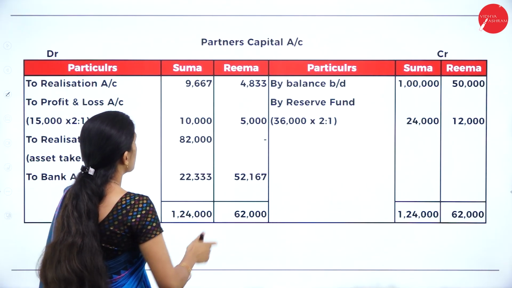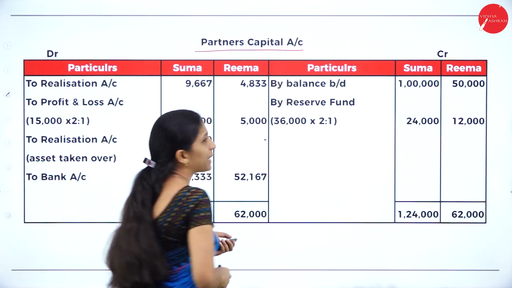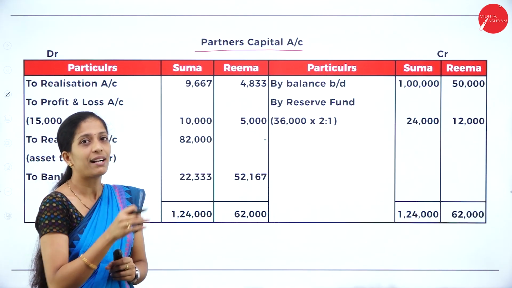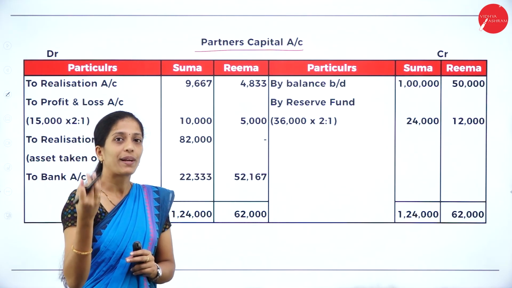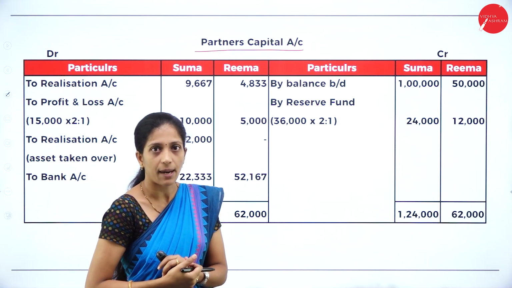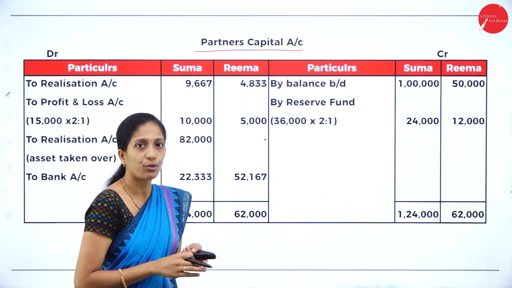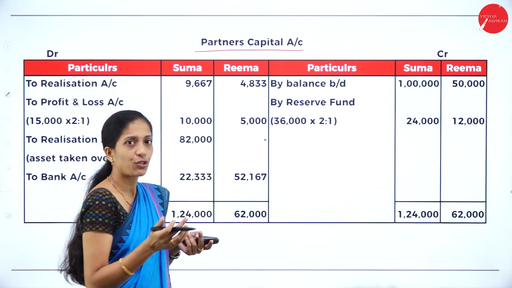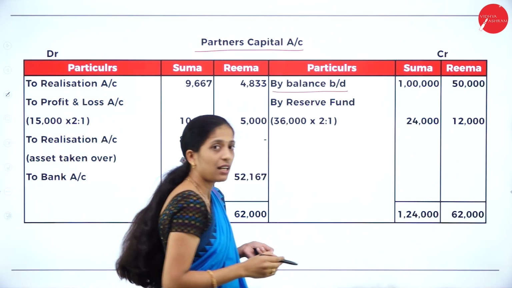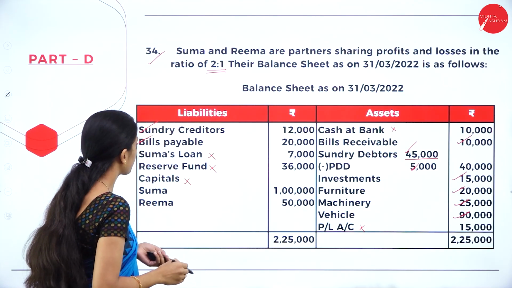Okay. Next is partners' capital account. Partners' capital account is the same as in admission and retirement, but only a few entries are here. When compared to admission and retirement, there are more entries under partners' capital account, but here it will be two less. So first, as usual, bring down the capital as by balance brought down, which will be in the balance sheet.